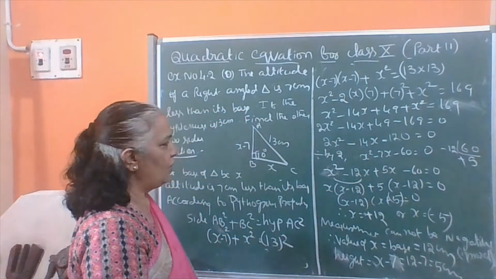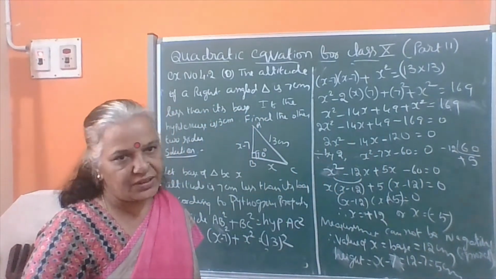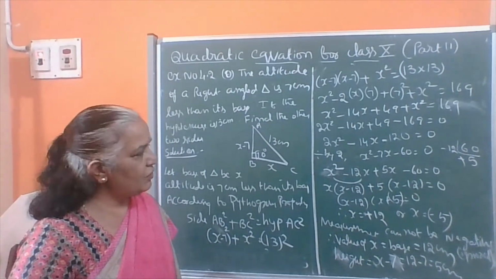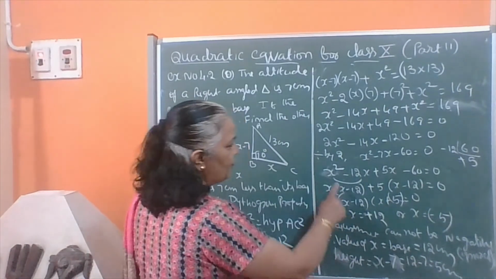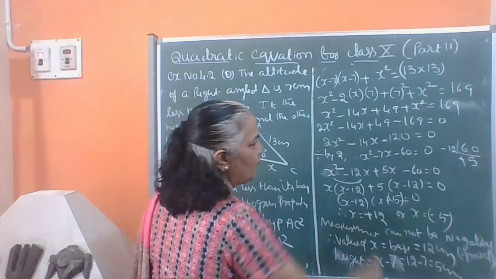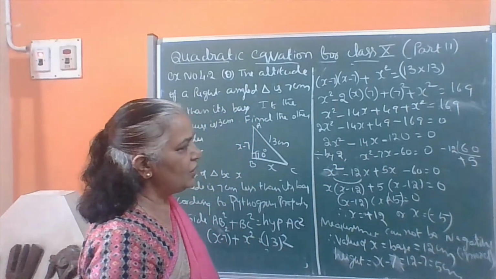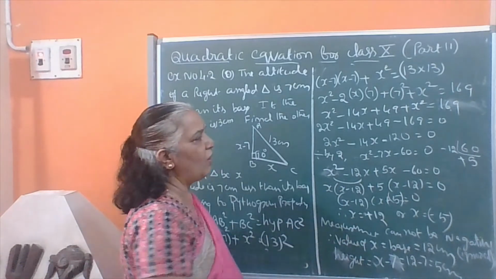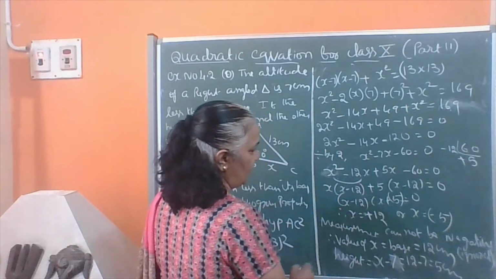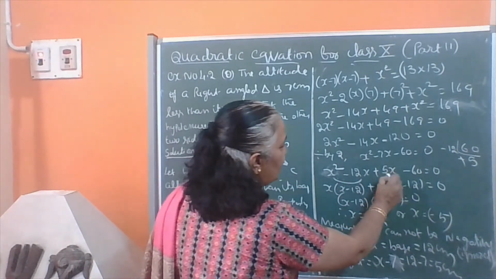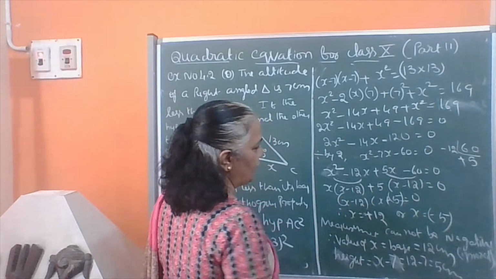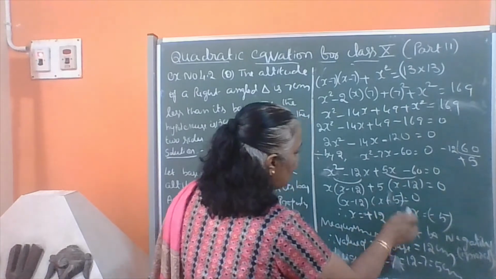See here, first you have to read the statement and then convert the statement into a quadratic equation. You got the quadratic equation as x square minus 14x minus 120, and for 60, the factors are 12 fives are 60. Take x as a common factor, x minus 12, and 5 as the common factor, giving x minus 12 and x plus 5.